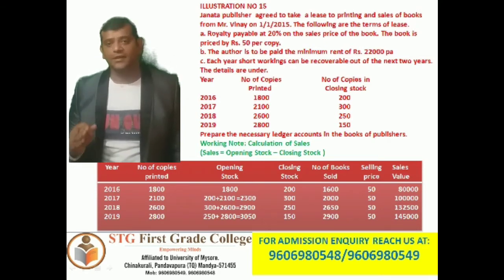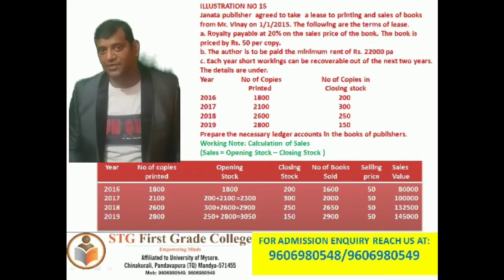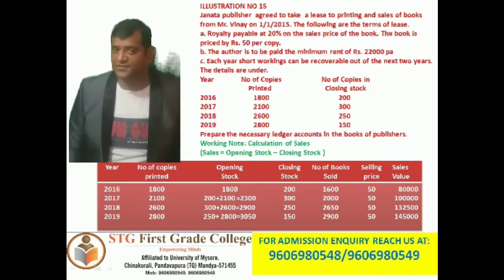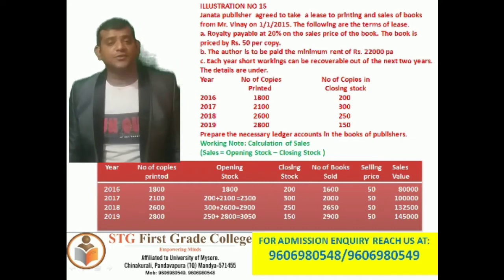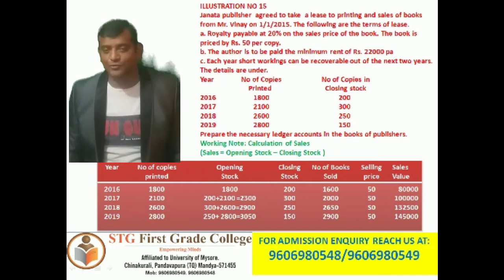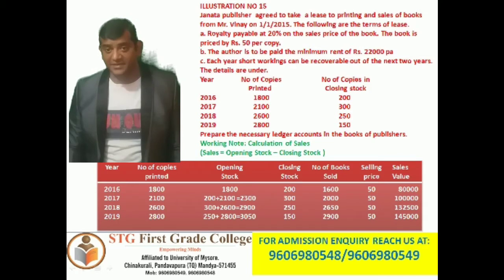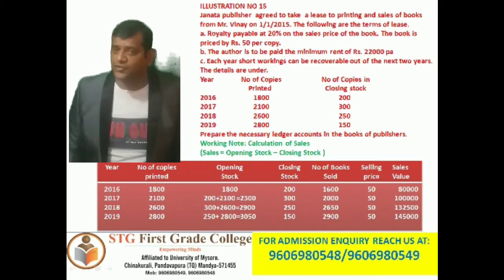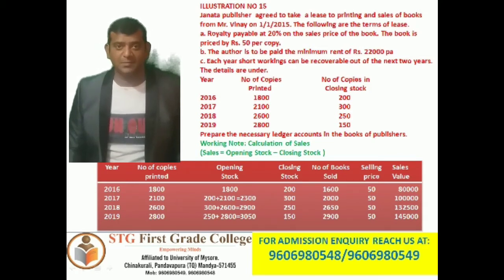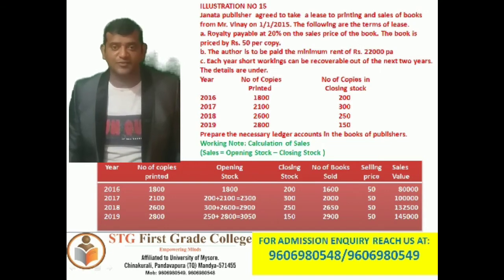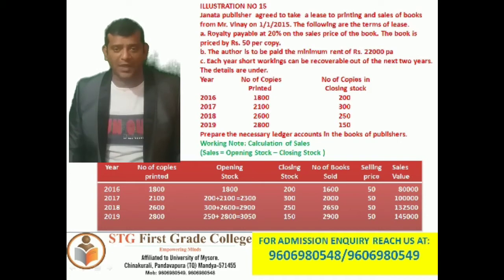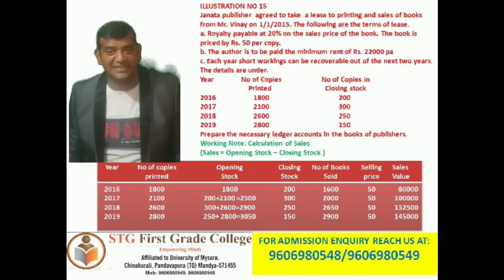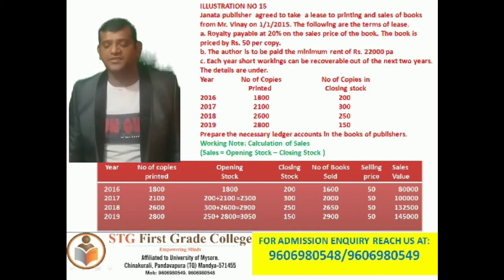So here, the number of copies printed and the number of copies in closing stock is the information they have given. In the year 2016, 1,800 copies were printed, and closing stock is nothing but unsold, so closing stock is 200 books. In the year 2017, 2,100 copies were printed and 300 copies were the closing stock.